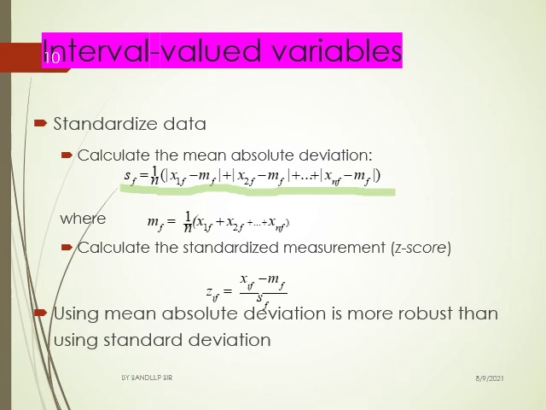Here mf is, again, the middle part of the frequency: the summation of all the values from 1 to n divided by n. Then we calculate the standardized measurement, the z-score, zif, which equals xif minus mf divided by sf. This is how we find the standardized form of the data. Using the mean absolute deviation is more robust than using the standard deviation, and it is much more preferred.